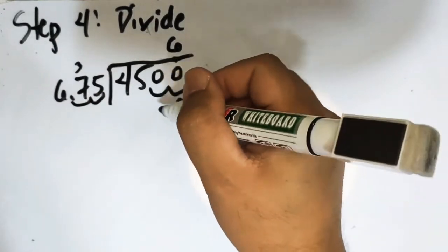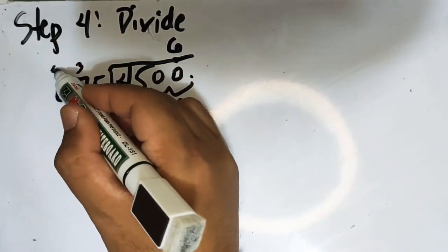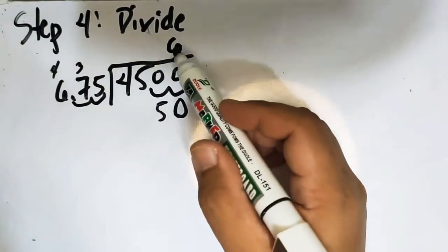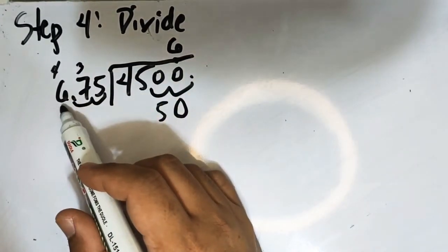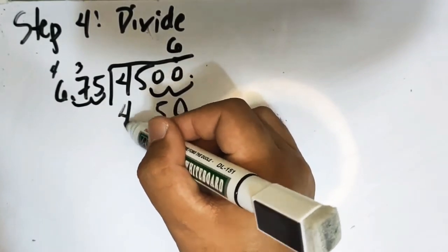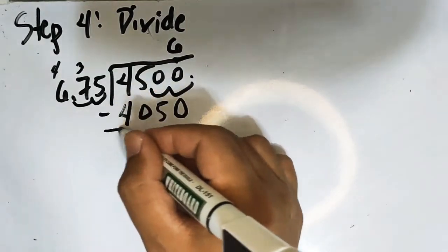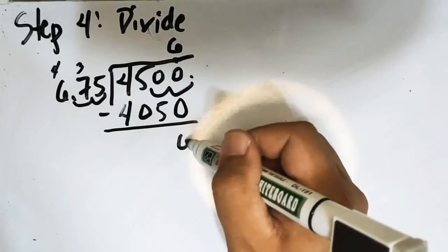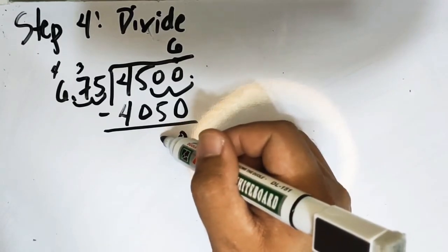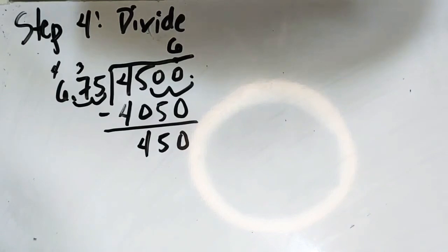Plus 3 is 45. So, we will write 5 carry 4. 6 times 6 is 36. Plus 4 is 40. Okay, so we have now 4,050. Now we will get the difference. This is 0. And we got 5, 4. 450.